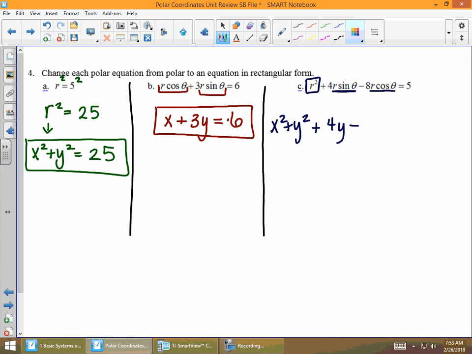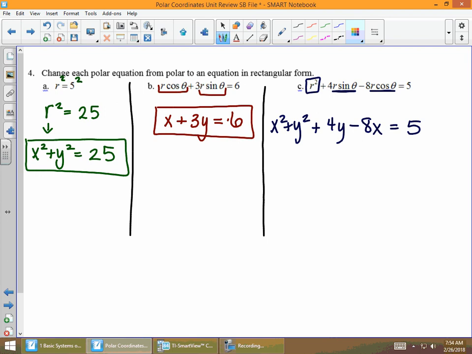And r cosine of theta is the same as x. I'm going to bring that 8 down to x. You may recognize that this is an equation of a circle, but without doing a little more work to it, we can't tell what the center is or what the radius is.